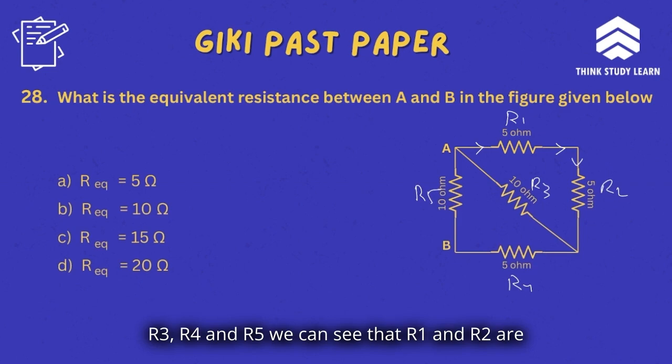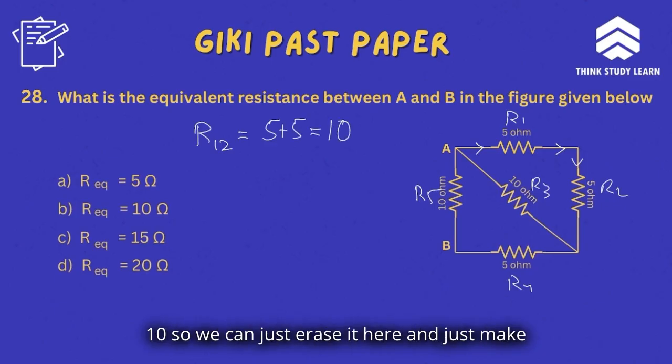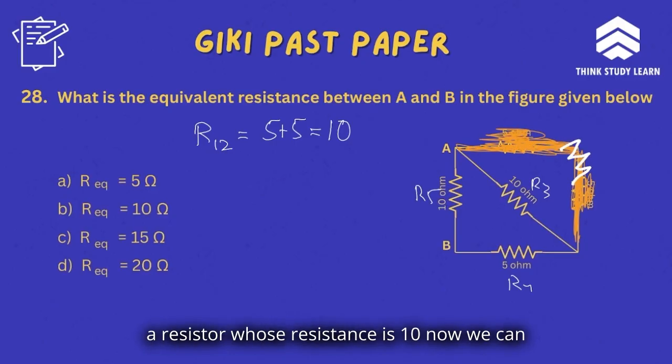We can see that R1 and R2 are connected in series, so the resistance of R1 and R2 will be 5 plus 5, which is equal to 10. So we can just erase it here and make our new path, and here I have a resistor whose resistance is 10.